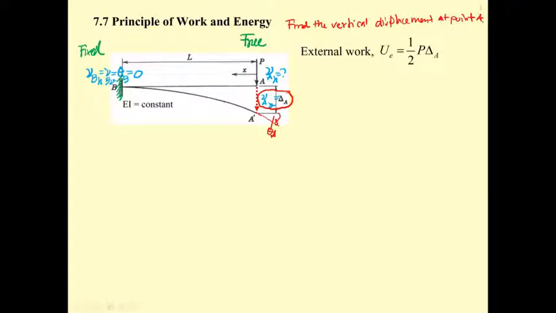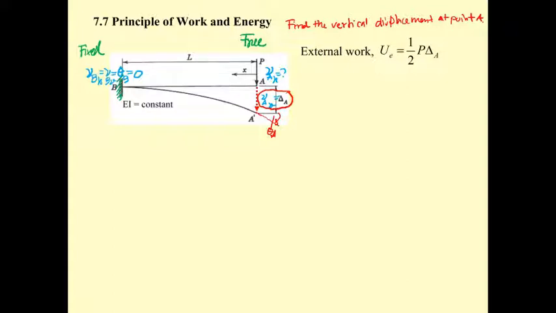Now, from the principle of conservation of energy, the energy due to the applied force, which is the external work, is equal to the energy stored in the beam, which is the strain energy.